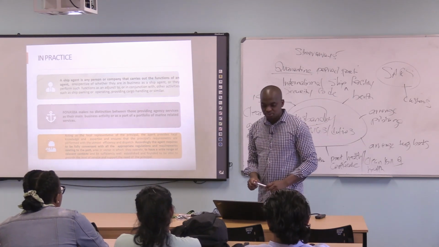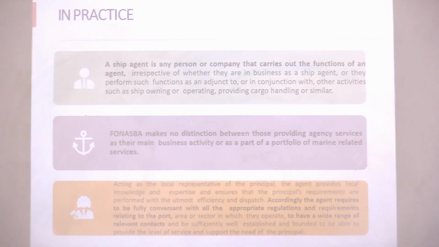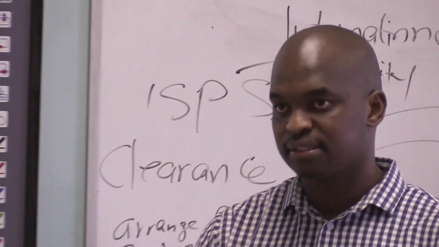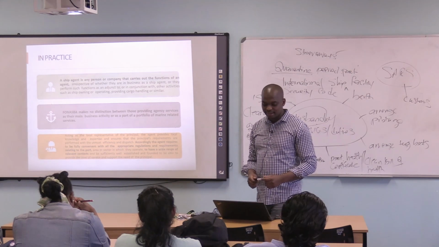So in practice, an agent is any person or company that carries out the functions of an agent, irrespective of whether they are in business as a ship agent or they perform such functions in conjunction with other activities such as ship owning, operating, providing cargo handling or similar.